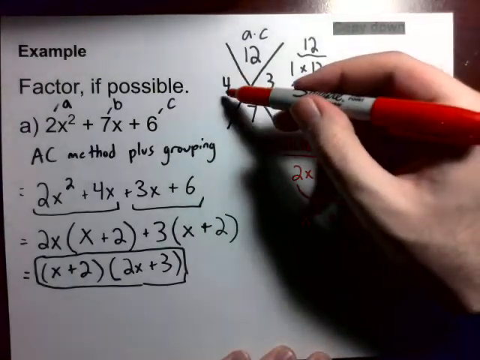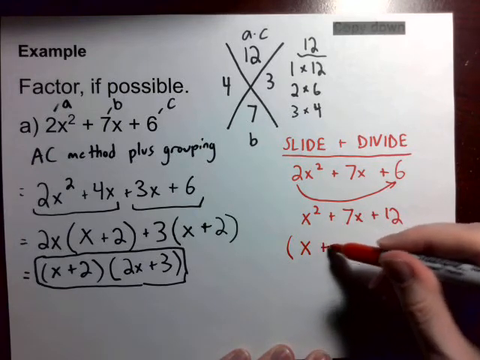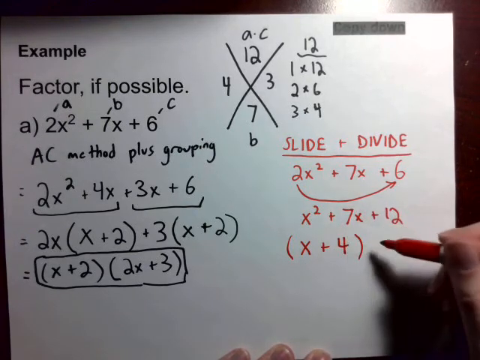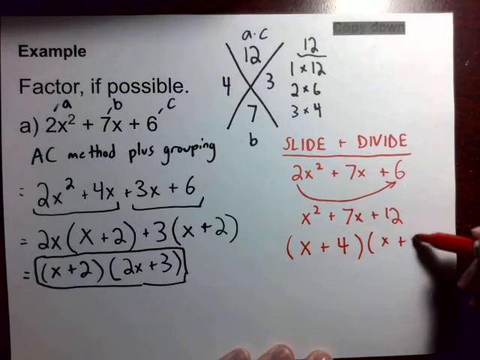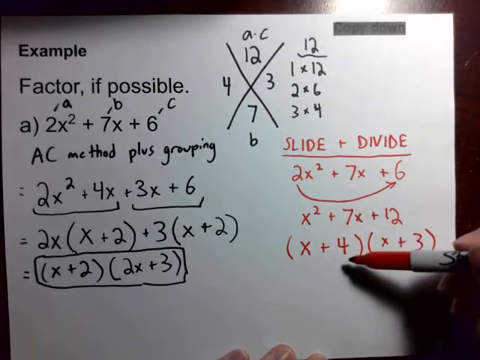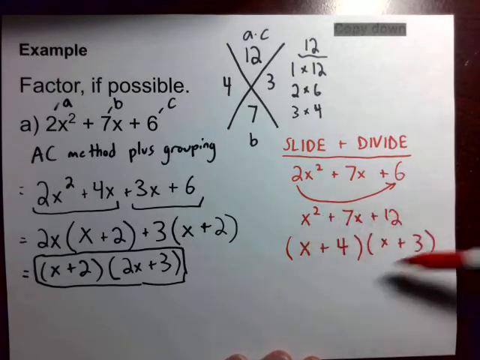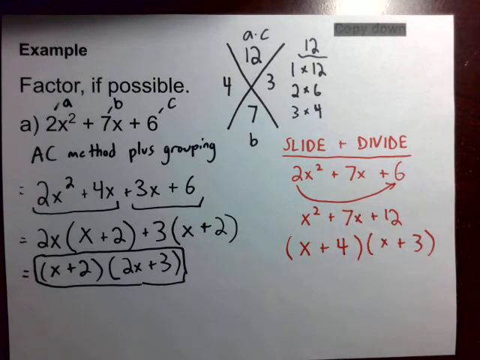So since we have 4 and we have 3, the next step is to rewrite this simple trinomial we made, where these appear as integers, so x plus 4 and x plus 3. So this is basically just like factoring a simple trinomial that we had already done.